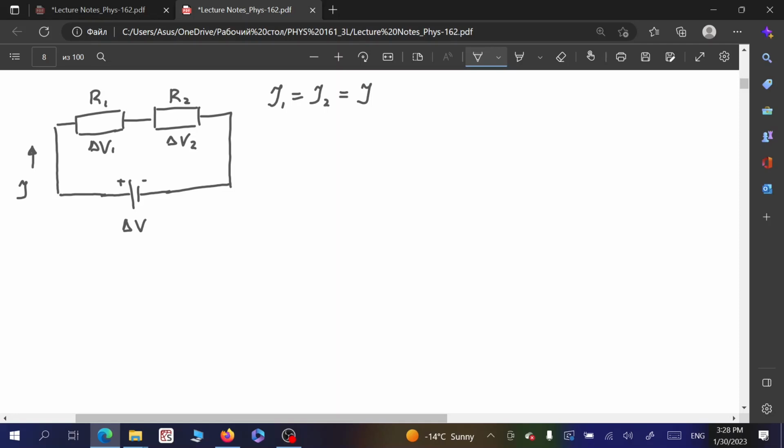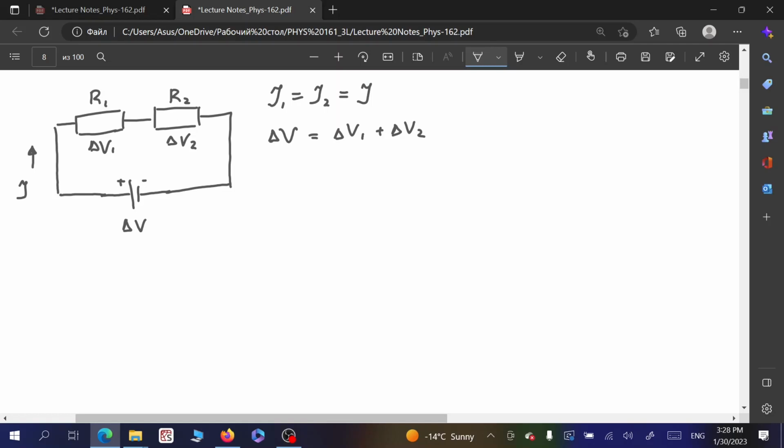Now, what can we tell about the potential difference delta V over the terminals of the battery? That will consist of two terms, the voltage drop over the first and second resistor. So delta V1 plus delta V2.